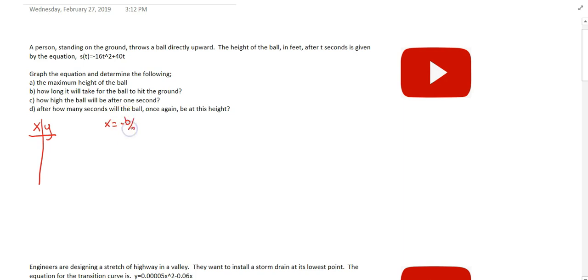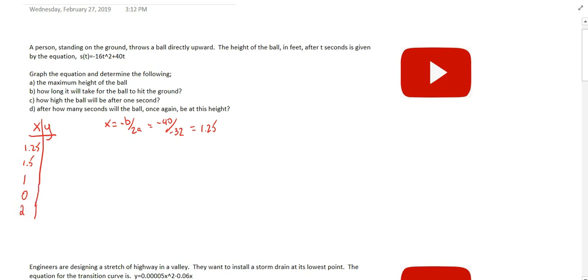X equals negative b over 2a. So in this case, it would be negative 40 divided by negative 32, which is going to be 1.25. So that's the x value that I want to start with. Then I want to go on either side of it. So I can do 1.5 and I can do 1 and I could do 0 and I could do 2.